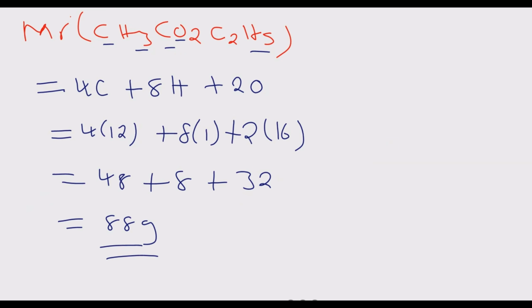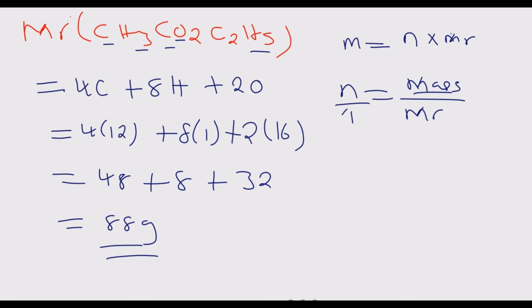the mass will be equal to, remember, the number of moles times the relative molecular mass. Remember, the number of moles is given by mass given divided by relative molecular mass. So to find this mass, we just cross multiply, hence that's where this formula is coming from. Therefore the mass will be equal to 0.5.